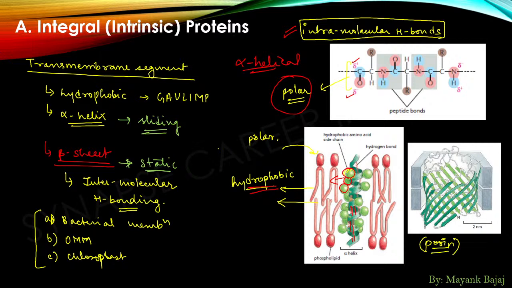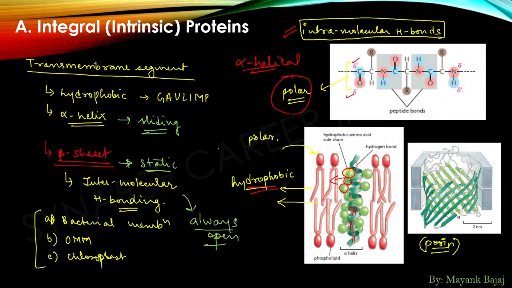Because of that, we say that जो pores हैं वो हमेशा open रहते हैं, the porin, right? Porin remains always open, right? Because they are kind of static, you cannot change them. However, जो alpha helices हैं they can be opened on the basis of ligand interaction, right?